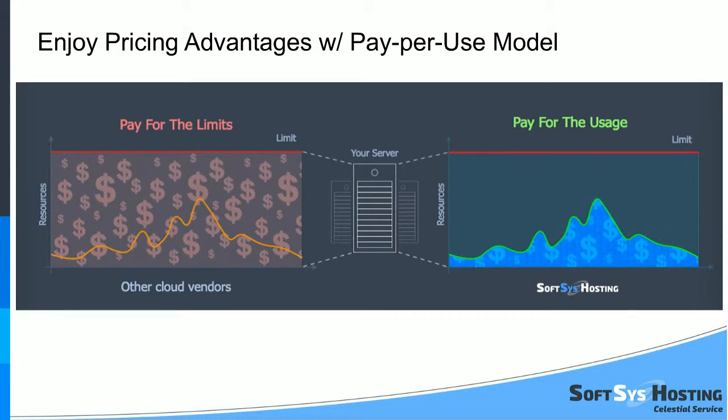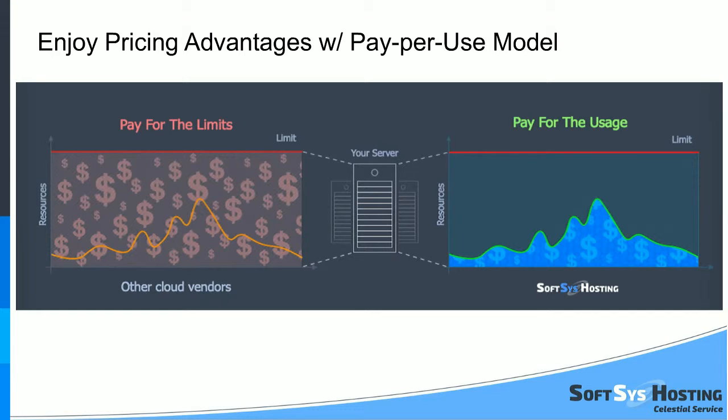That is, irrespective of whether you use all resources or not, you pay a fixed cost. With a pay-per-use platform, this changes and you only pay for what you use. This graphical representation shows how much you can save with the pay-per-use model without compromising on resource availability, since you can always burst or scale up to the maximum limit that your app may ever need.